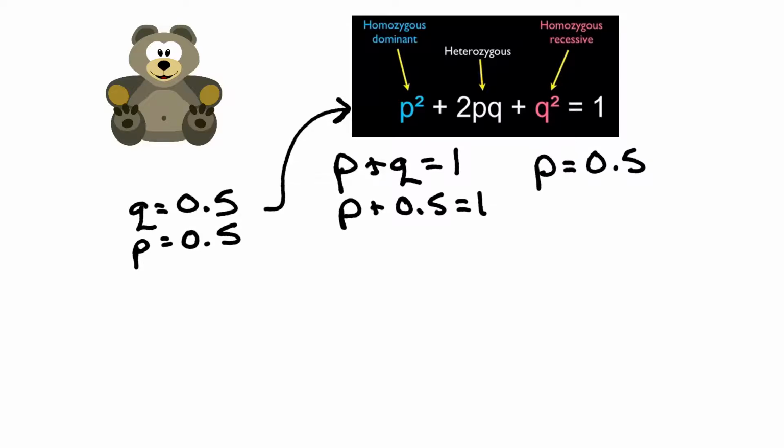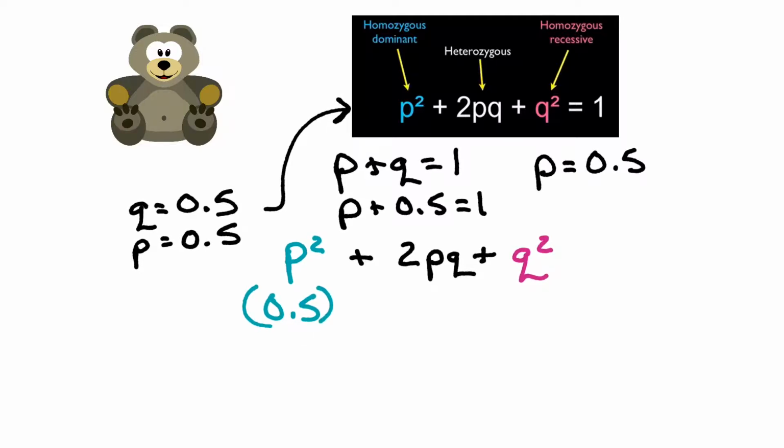So now let's put that into our formula. So P squared is going to be 0.5 squared plus 2 times P times Q plus Q squared, which is this.